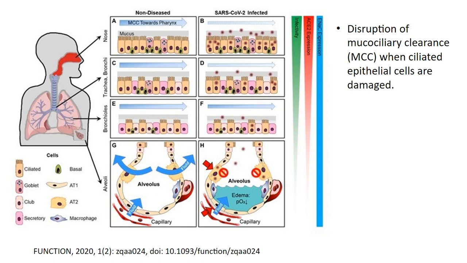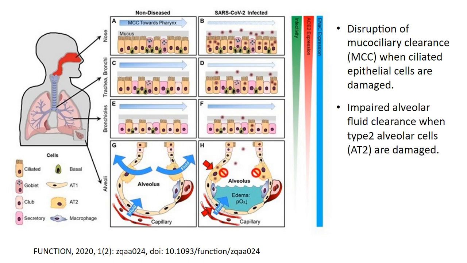And down at the level of the alveoli, you get impaired fluid clearance because it turns out the type 2 alveolar cells also have ACE2 receptors, and they then become targets for the virus and their function gets disrupted. The result then is a pulmonary edema, and the accumulation of fluid within the alveoli is going to lead to hypoxia. So this is about where I leave it with my students.